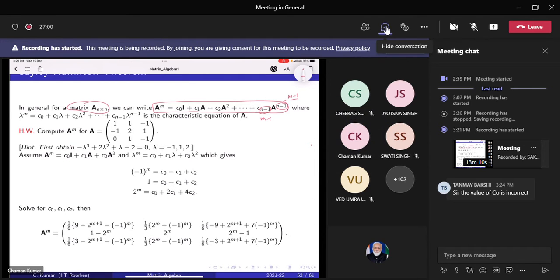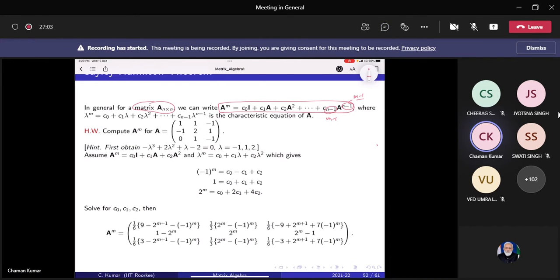Okay, so this method is basically to simplify your calculation for the power. And in many cases it will simplify. It does not mean that in every case it will simplify. For example, if you have a diagonal matrix and you want to find A raised to m, then immediately you can calculate it. You don't need to go through this calculation.